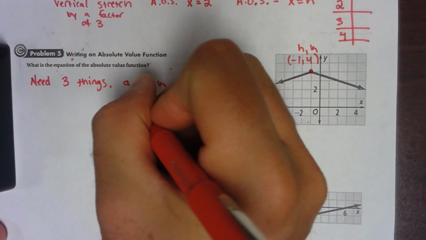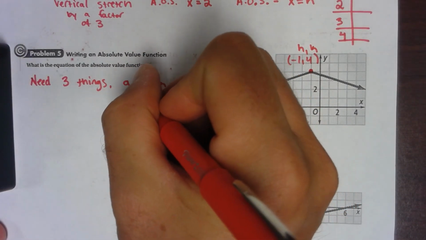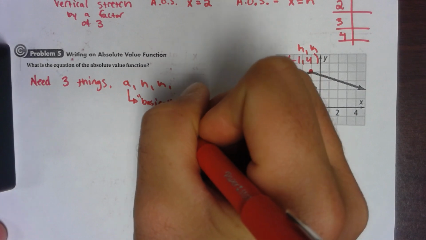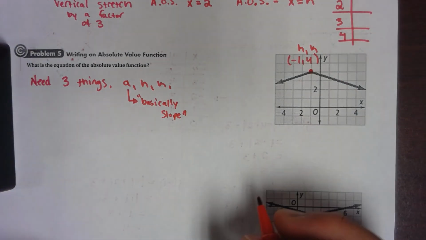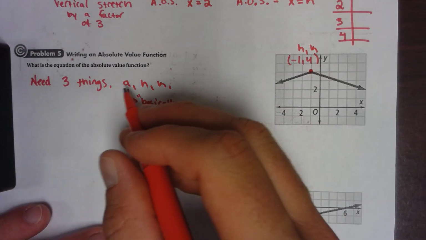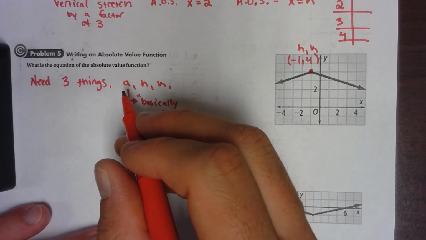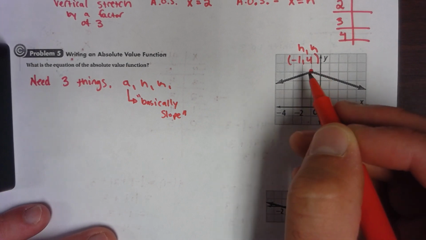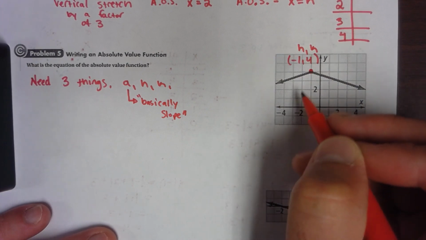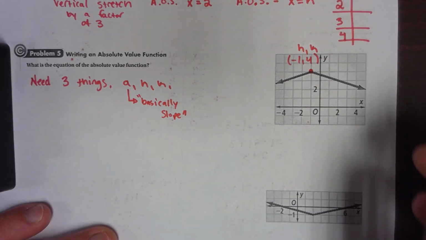Now, in this case, the a value is basically the slope. And so I can figure out what is my rise over run for this, and then that'll give me the value of the a, and then the sign depends on whether or not this graph opens up or down. If it opens down, it has been reflected, and thus it is negative.